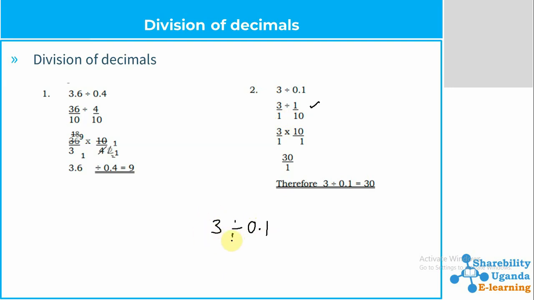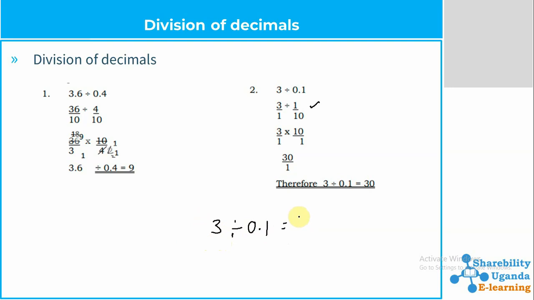Our 3 here is not a fraction, so we still change it to a proper fraction. But also this one, to be in the same format, you should also be able to change it to a fraction. So any number which doesn't have a fraction, you just divide it by 1.